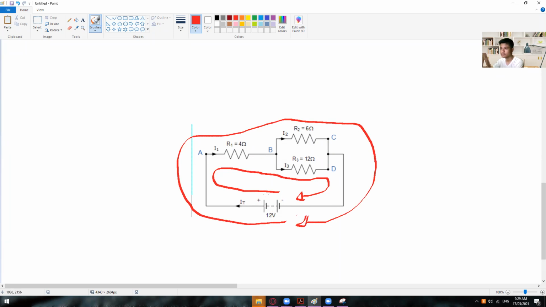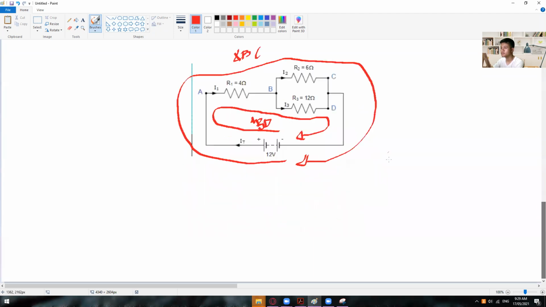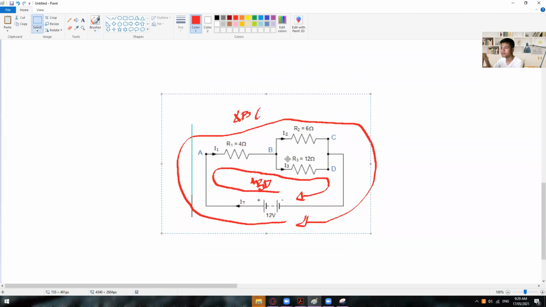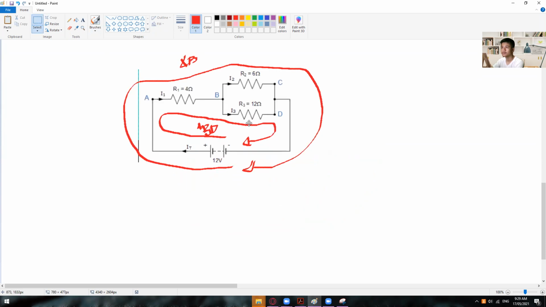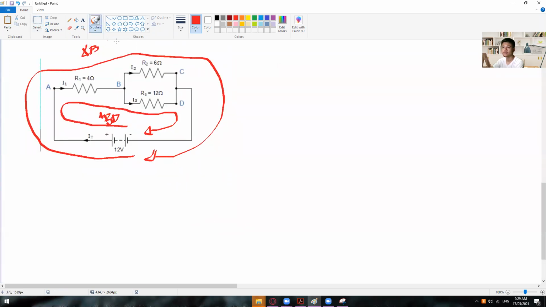So let's call this one A, B, D, and then the loop outside is A, B, C. So let's have a loop first on ABD first. So the inner loop.